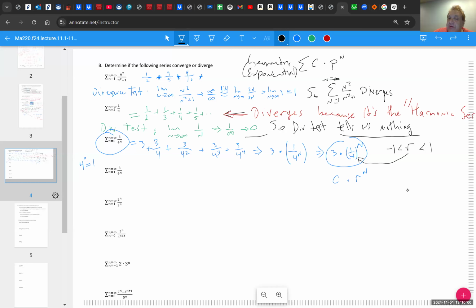So because R is between -1 and 1, we know that this series of 3 times 1/4 to the n converges. In other words, our original series, which looked like 3 over 4 to the n, since it was equivalent to 3 times 1/4 to the n, we know this series converges.